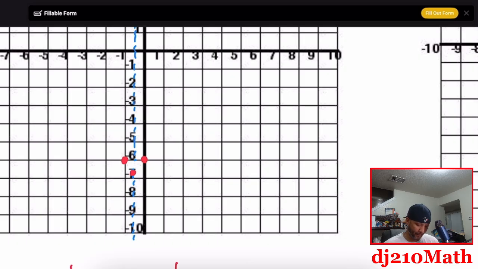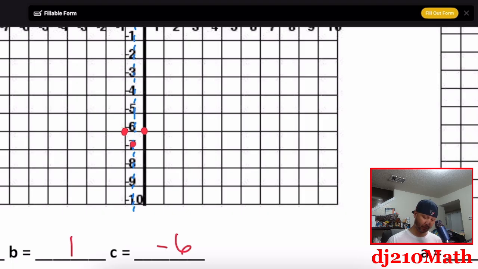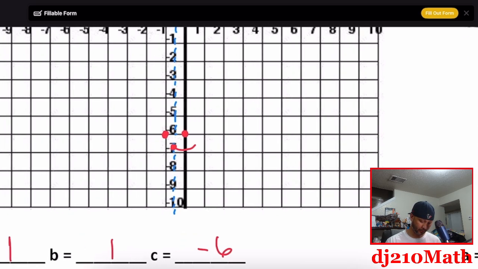Okay, let's figure this out. So if I go to the right 1 unit, so right there, that's 1 unit. 1 squared is 1 times a. In this case, what is a? A should be 1. A is 1.